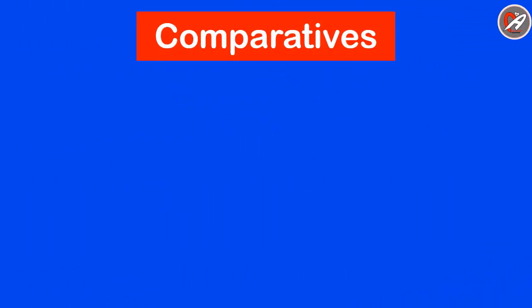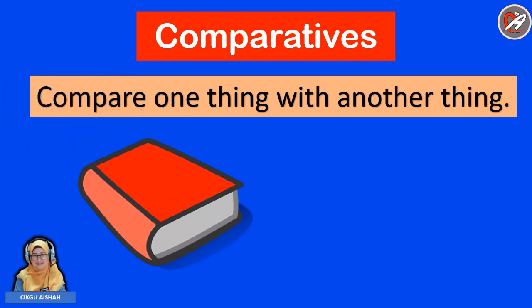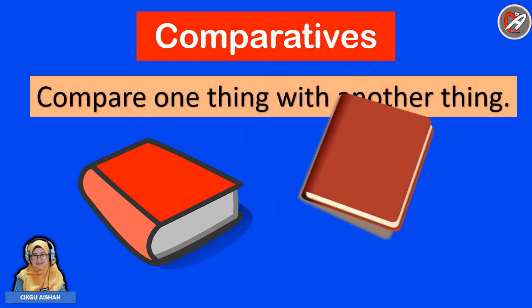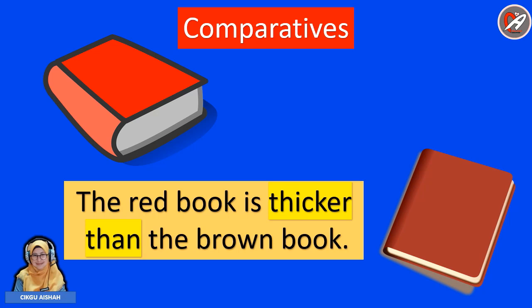What are comparatives? Comparatives are words that we use to compare one thing with another thing. For example, we want to compare this red book with this brown book. We can compare the thickness of these two books.